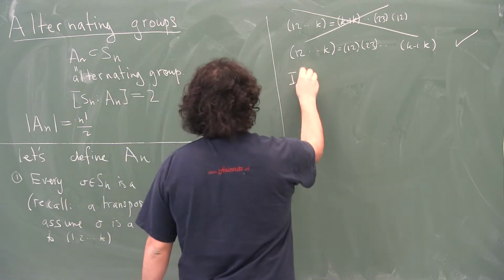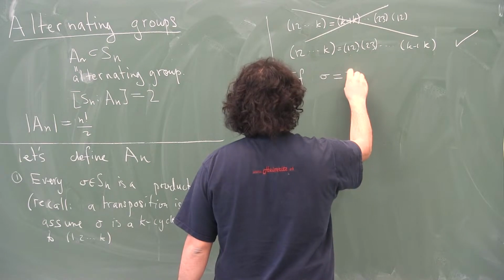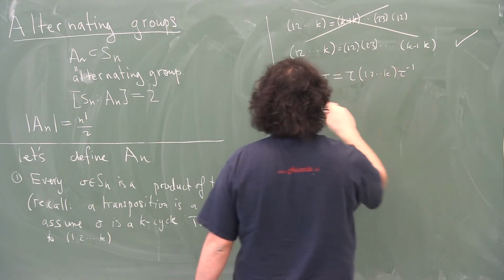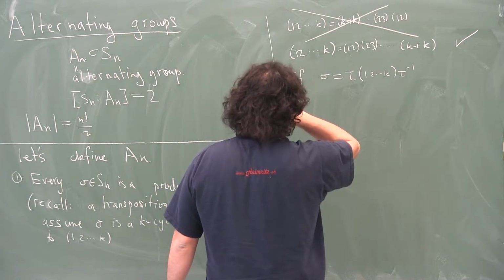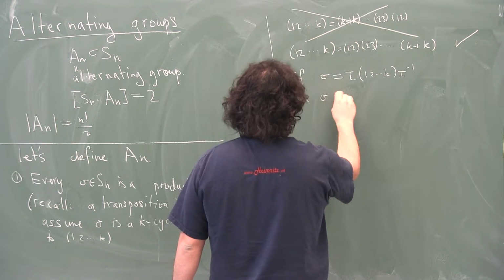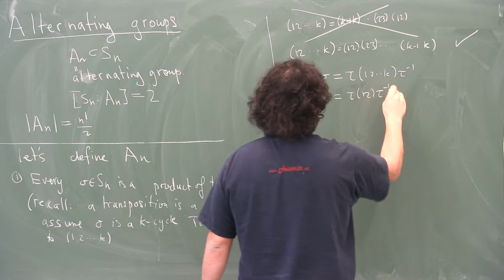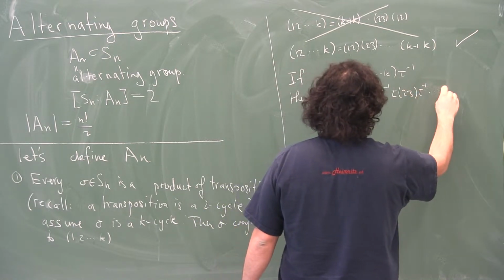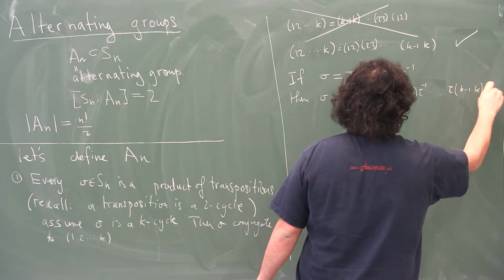So if sigma is equal to tau (1 2 up to k) tau inverse, then sigma is equal to tau (1 2) tau inverse, tau (2 3) tau inverse, dot dot dot, tau (k-1 k) tau inverse.